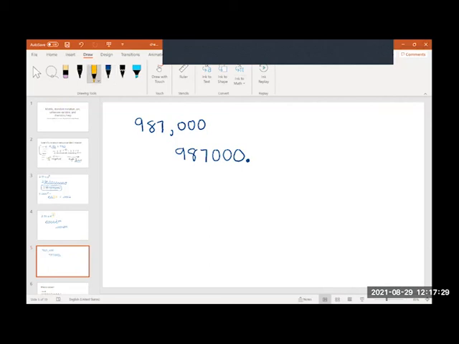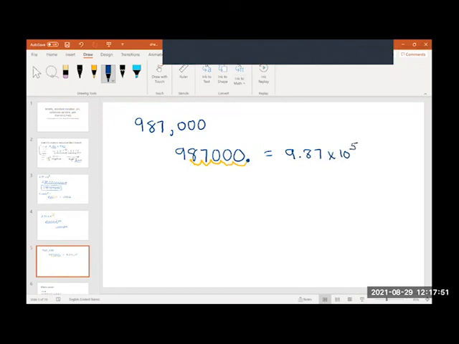So we now need to move our decimal point 1, 2, 3, 4, 5 times. And this now becomes 9.87 times 10 to the 5th.